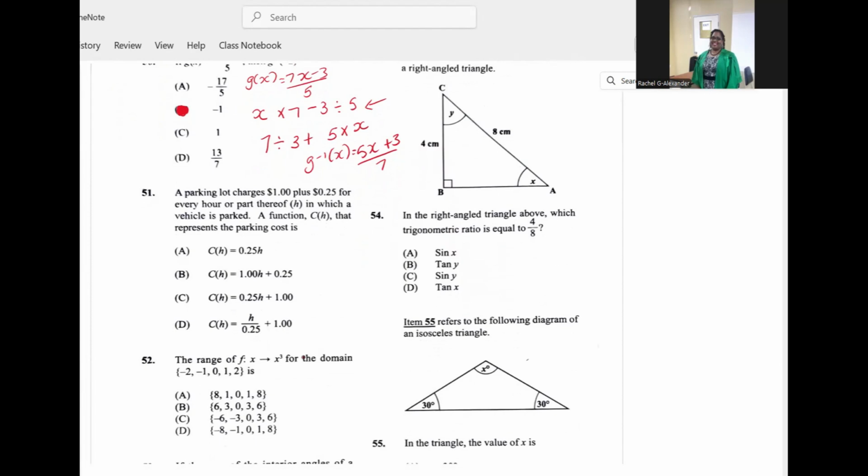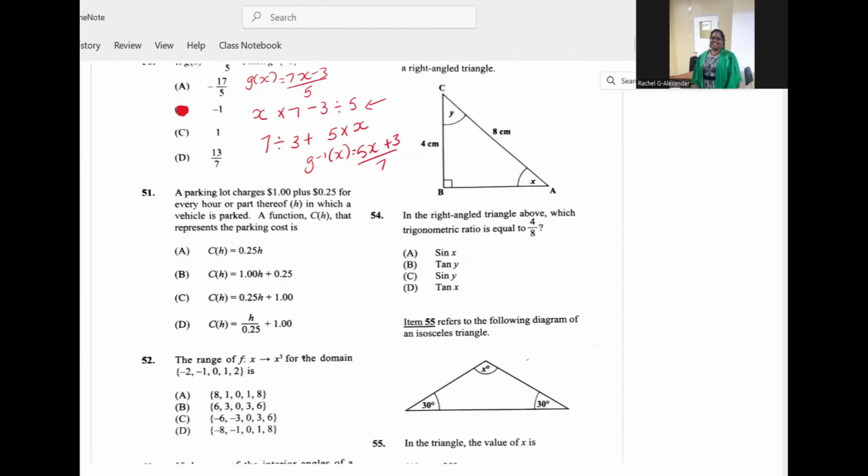Okay, so C of H, if that is the name of the function, it means that you are going to pay $1 flat plus 0.25 by every hour that you stay in the parking lot. So the 25 cents is going to be multiplied by however many hours you stay in the parking lot.